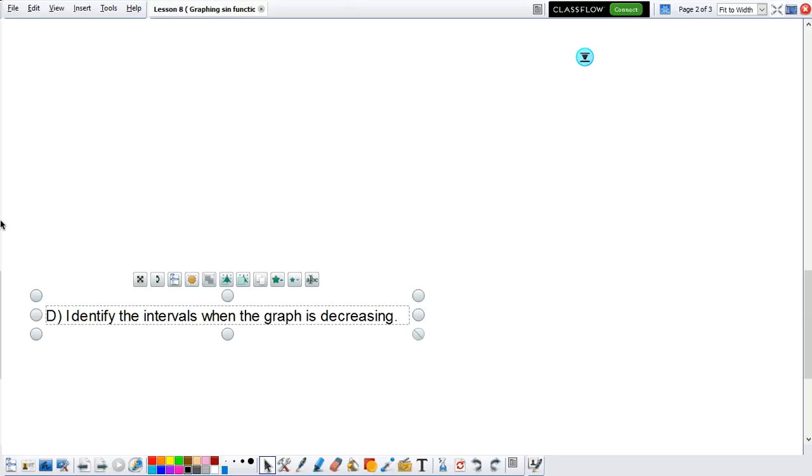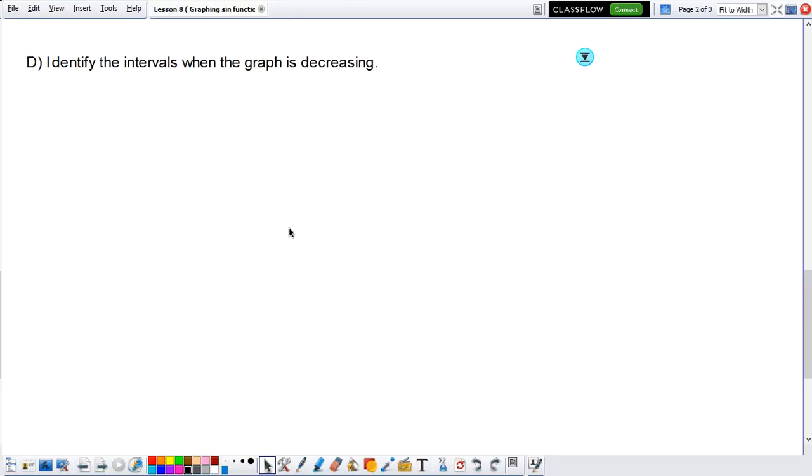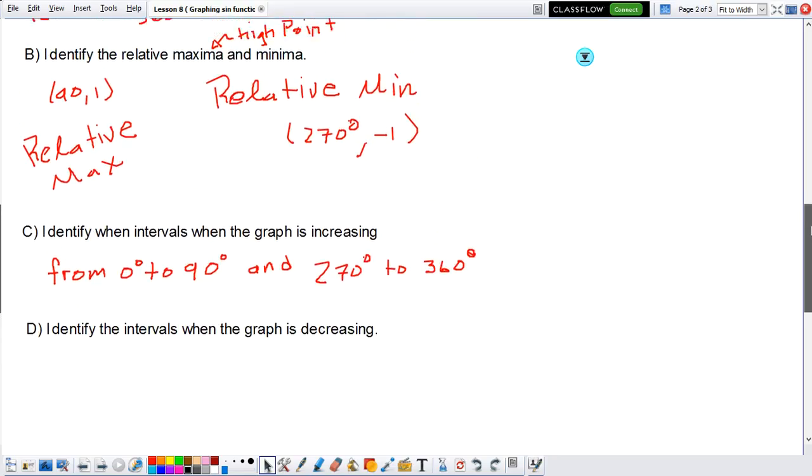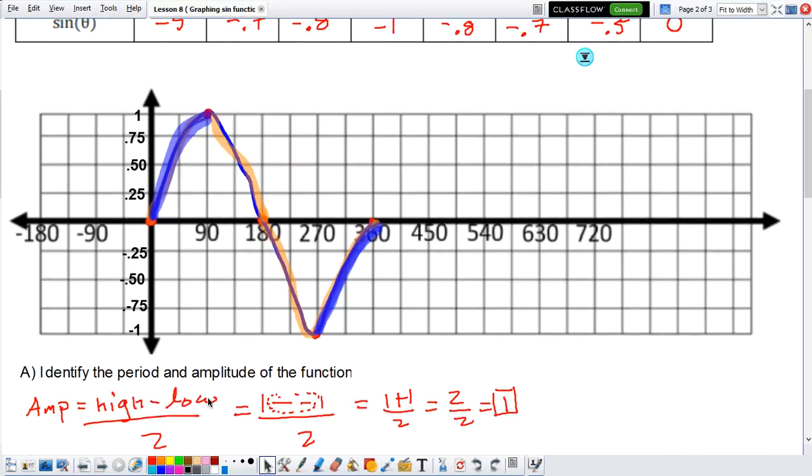And lastly, let's identify where my graph is decreasing. So now the decreasing, let's do it in red. Again, notice that my graph is going up, up, up, up, up. And once you reach this point, it starts going down. This is where my graph is decreasing. And once it reaches this point, then it starts increasing again.